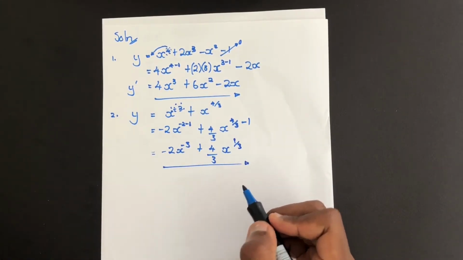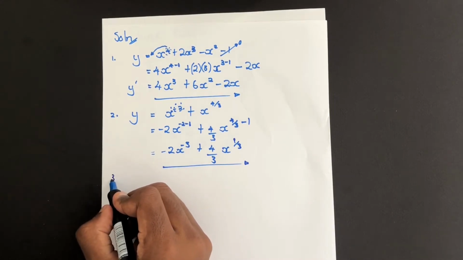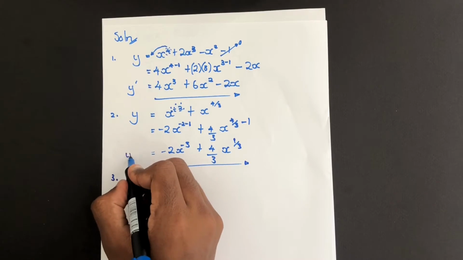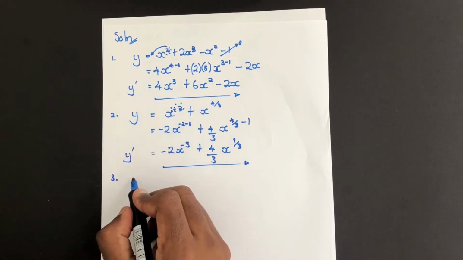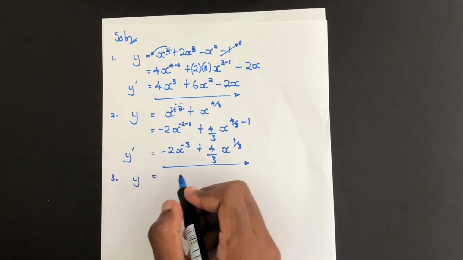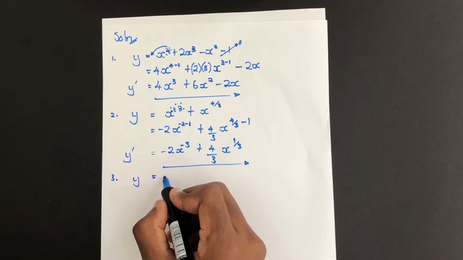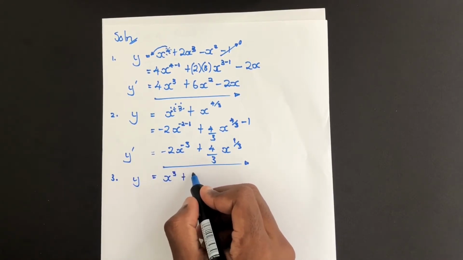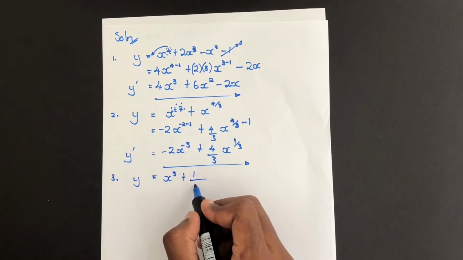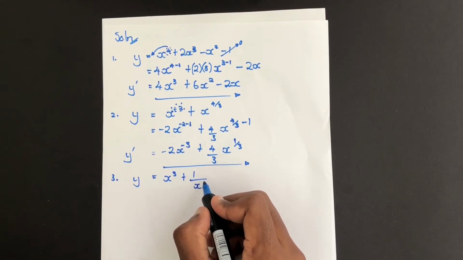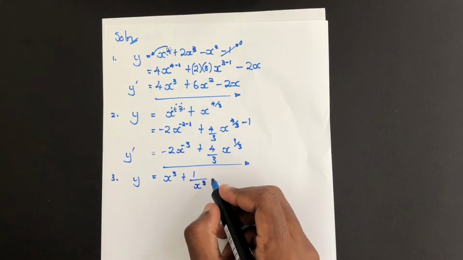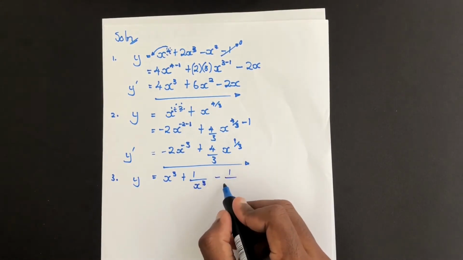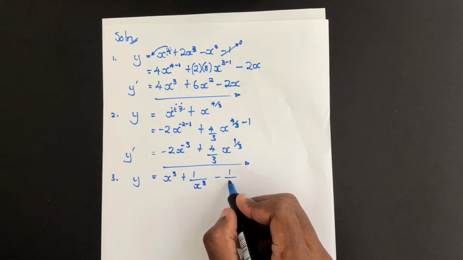Then on to the next one, the third one. y equals x cubed plus 1 over x cubed subtract 1 over the cube root of x.